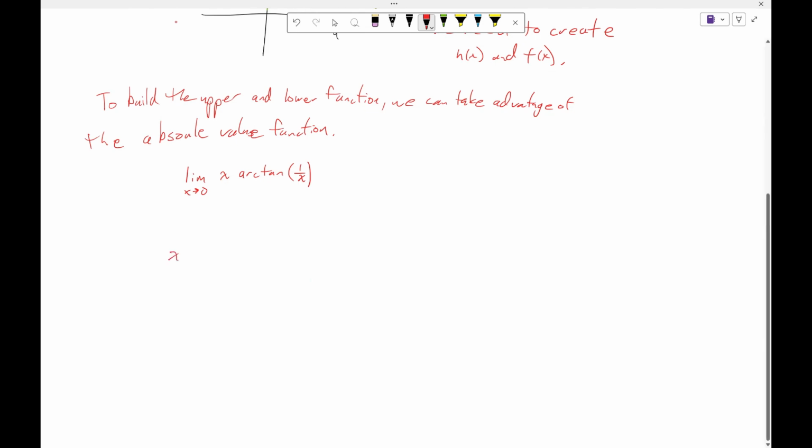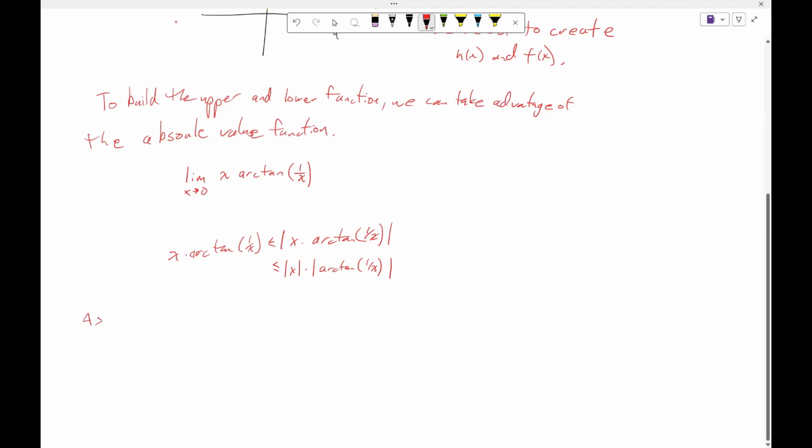So x times arctan of 1 over x is less than or equal to the absolute value of x times arctan of 1 over x, which is less than or equal to the absolute value of x times the absolute value of arctan of 1 over x.